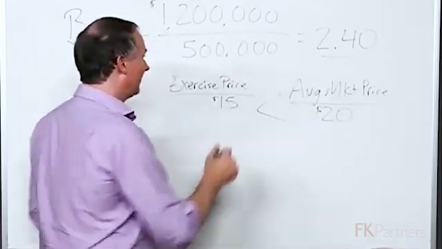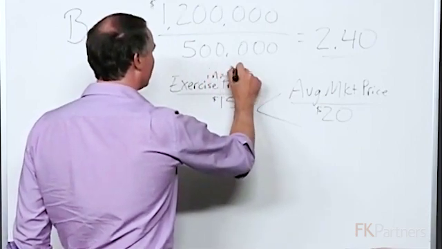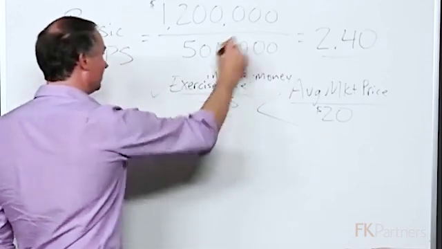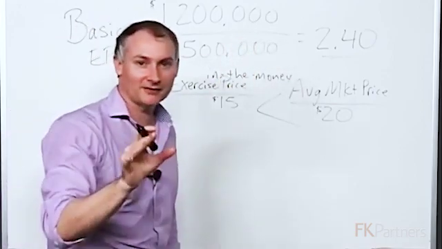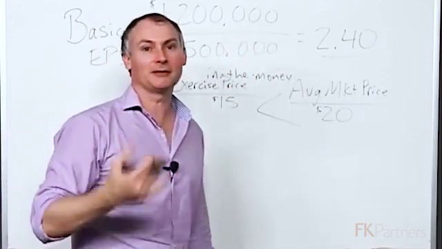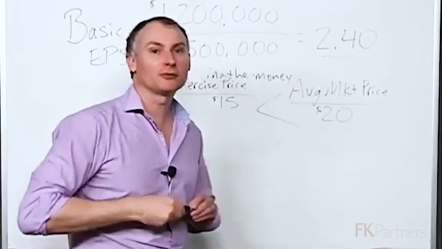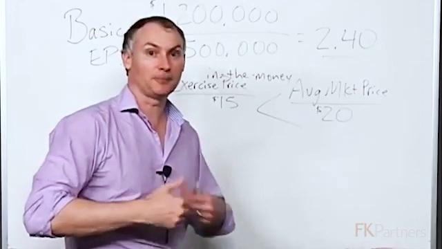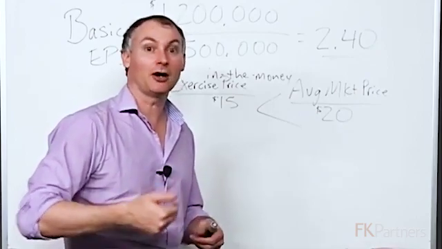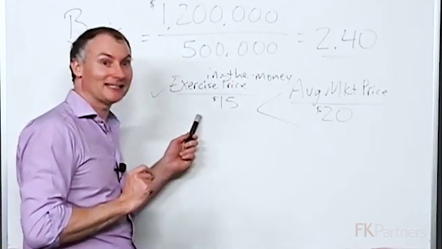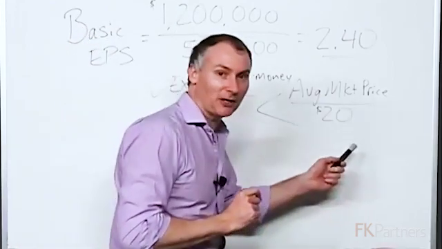That means that we have in the money stock options. And for that reason, we can check the box and say, these actually are dilutive. We talked about potentially dilutive securities. Well, these 100,000 options are no longer potentially dilutive. They actually are dilutive. Again, reason, exercise price is less than the average market price.